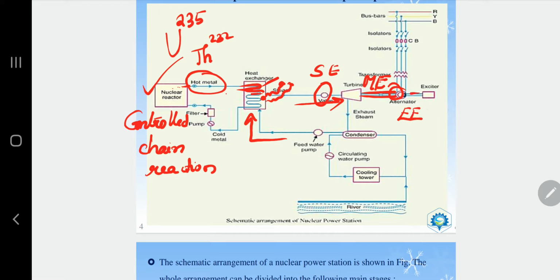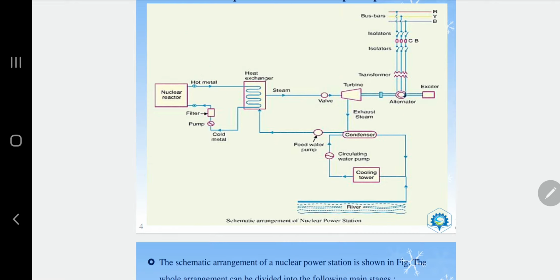An exciter is provided for giving the magnetizing current, which means there is an electromagnet, and when the prime mover is rotating, the magnetic flux is being cut and EMF is induced inside this alternator. This is given towards the bus bar through the necessary protective elements.